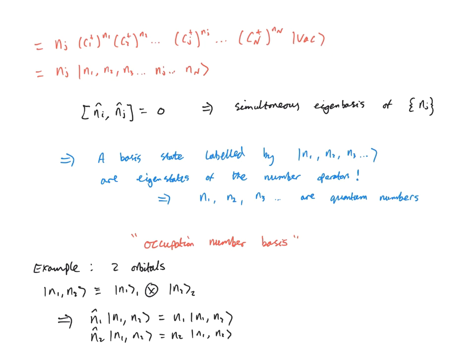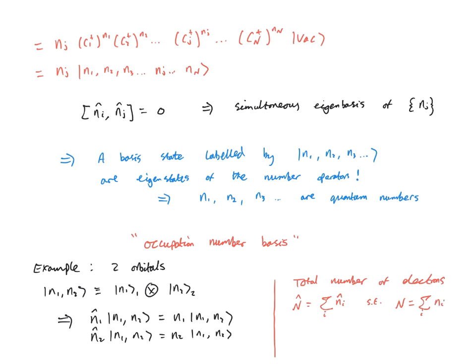One final thing I want to say is that the total number of electrons can be obtained from this capital N hat operator, which is just the sum over all of the individual Ni hats, and the total number of electrons, N without the hat, is therefore just the sum over all of the individual occupations.